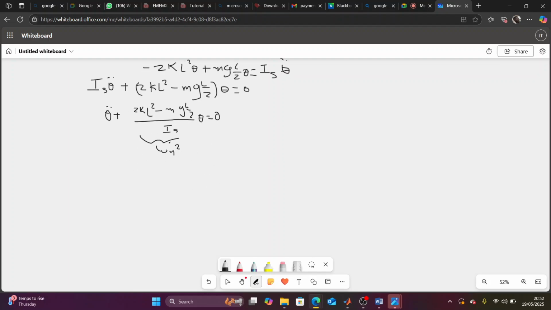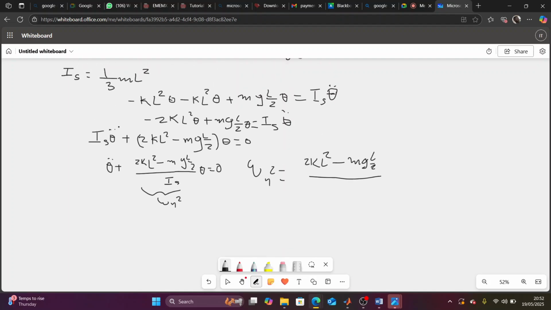If you take Wn squared to be equal to 2kL squared minus mgL over 2, divided by I. What is I? Moment of inertia, we can write it as 1 over 3 mL squared. So we are looking for m.